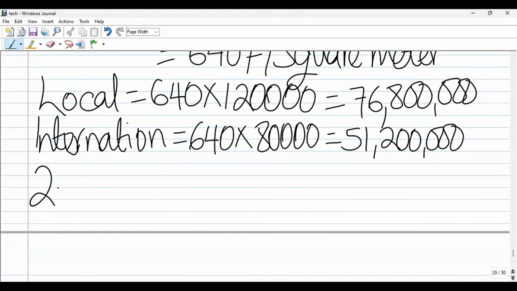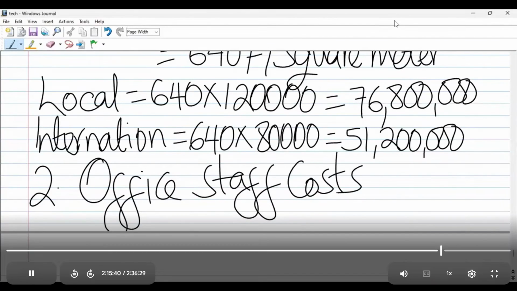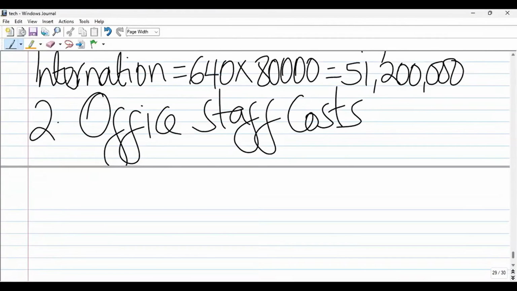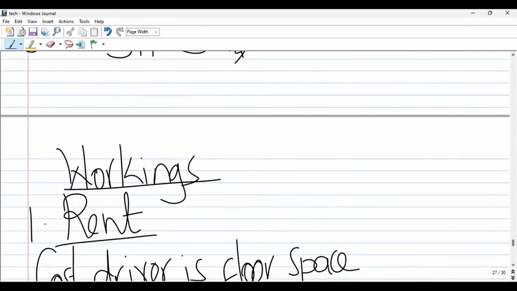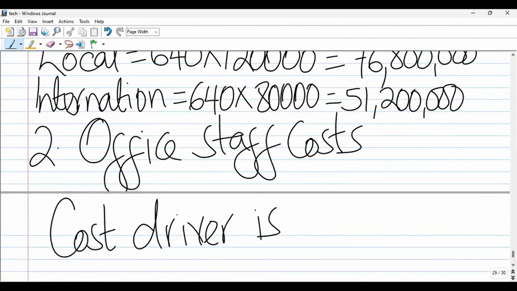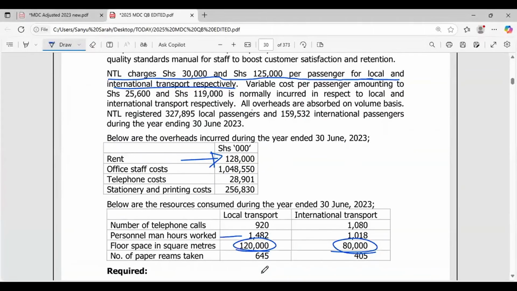So working number 2, office staff costs. Identify the cost driver here. The cost driver is personnel man hours worked.